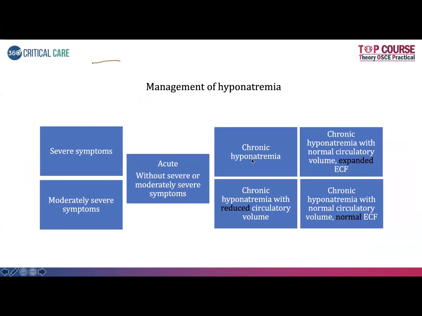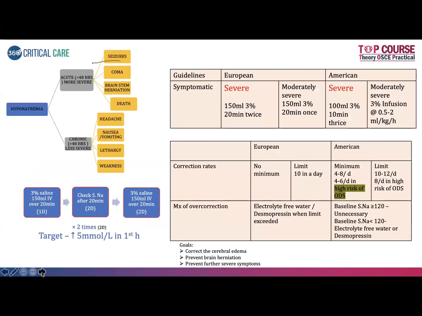Chronic hyponatremia with expanded extracellular fluid, that is hypervolemic, euvolemic, reduced circulatory volume. So we'll see all these categories. We'll look into what the different guidelines and recommendations are.